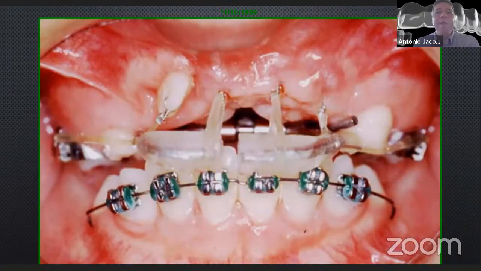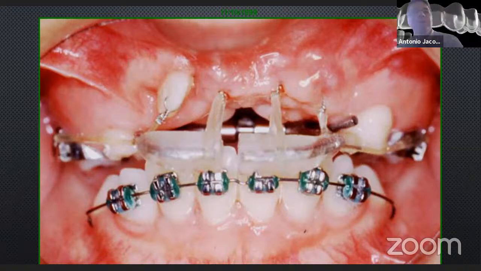At that time, I preferred to do this trespassing technique into the enamel, but these days, I would not do this. I just bond a small attachment. But I made the surgery alone by myself at that time, and this was the situation that I tried to facilitate the technique.